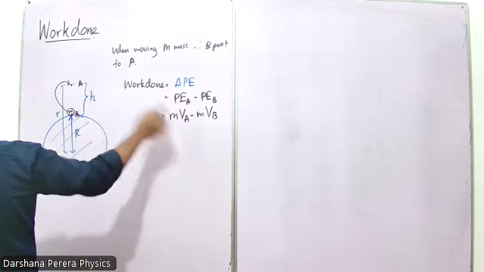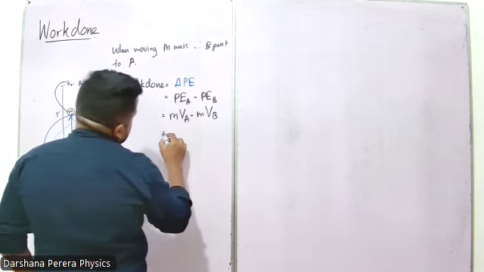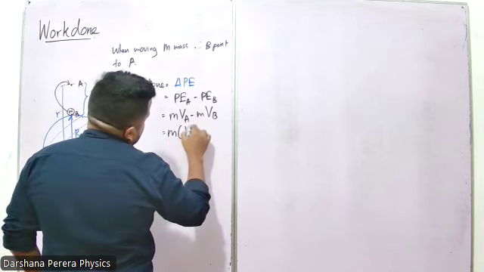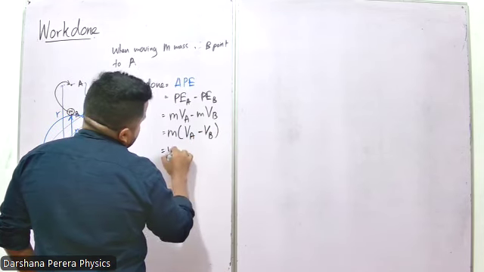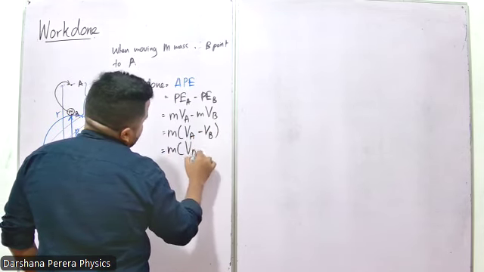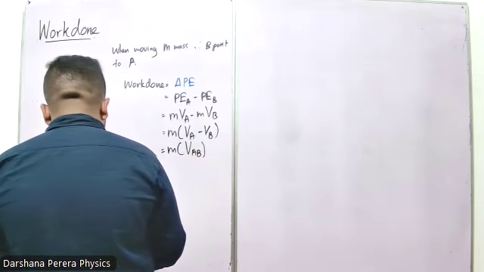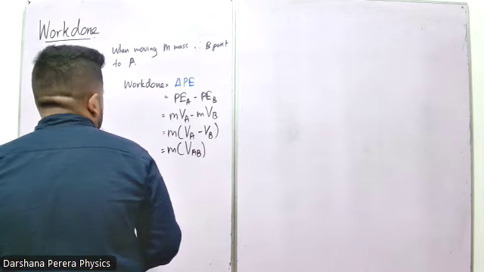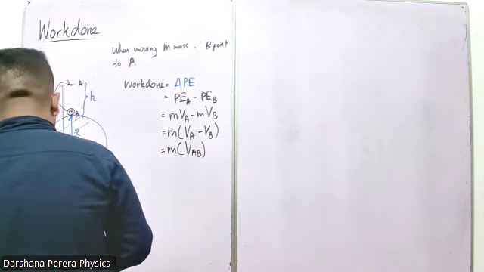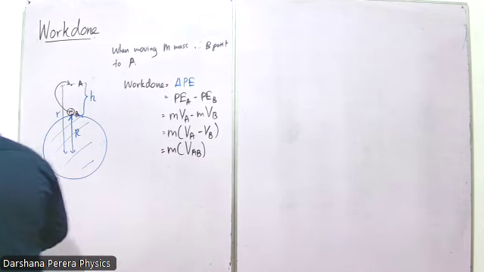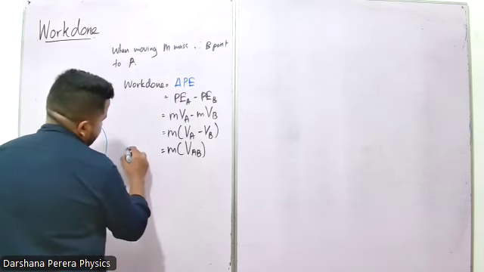The potential energy is M × V_A, then M × V_B, so M × (V_A minus V_B). So this is the work done. Okay.